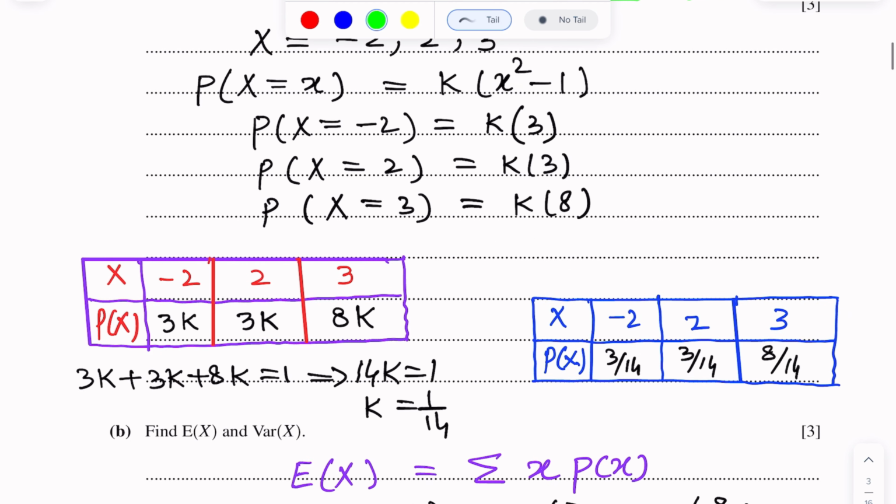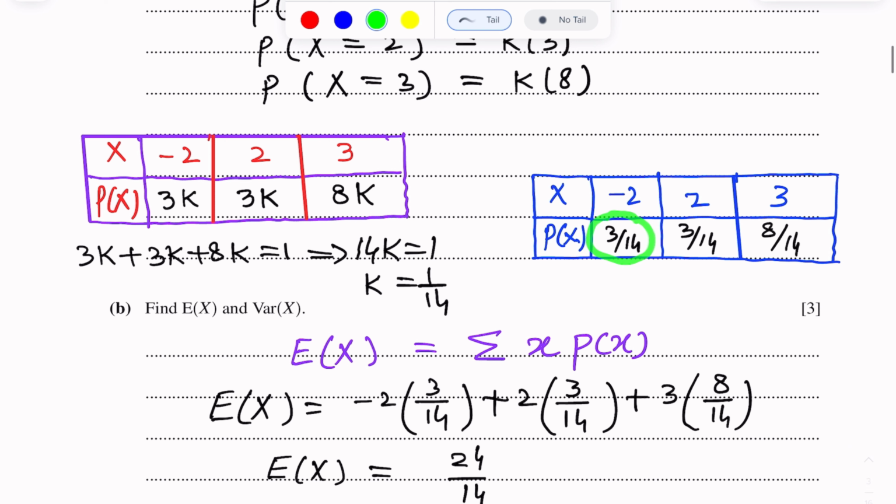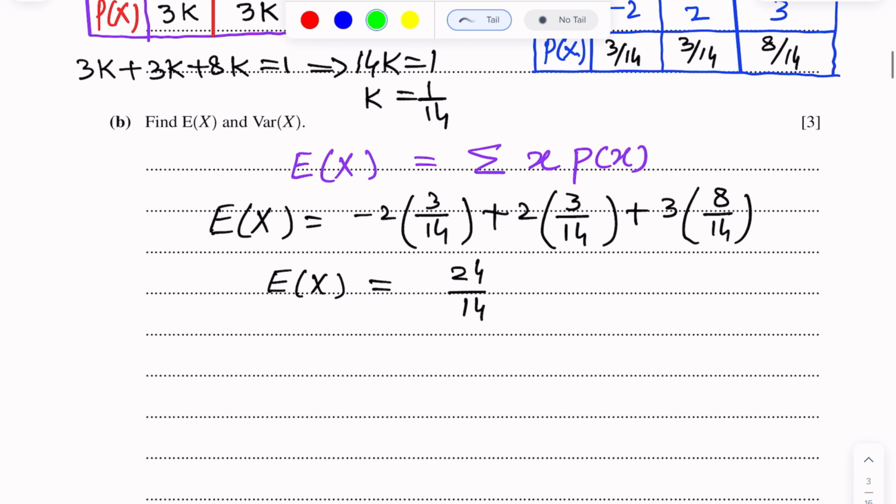We have already found probabilities in numerical fractions, and finally expected value Ex. The value of Ex is 24 over 14. We can also write the answer in three significant figures. Answer is 1.71 correct to three significant figures.